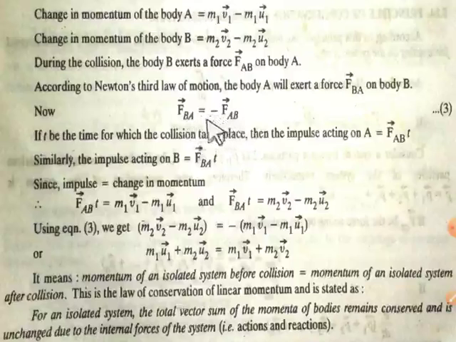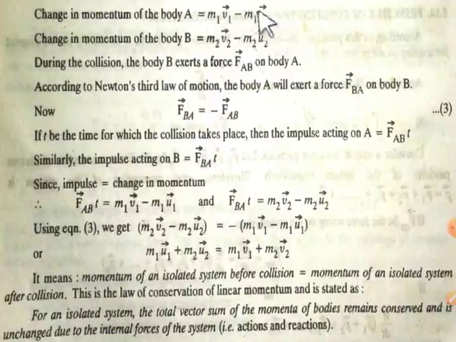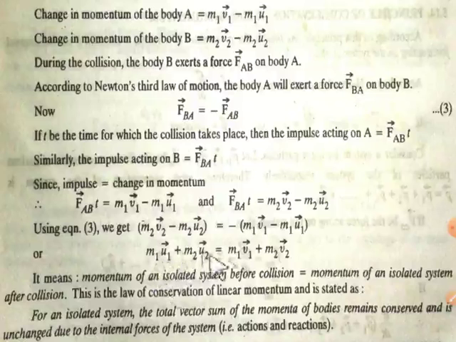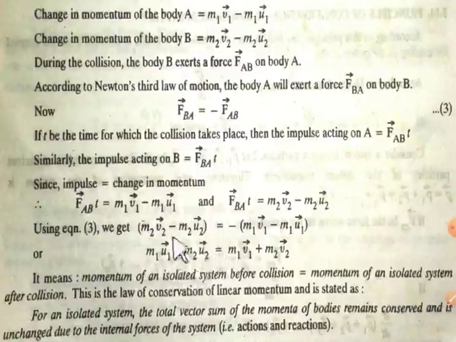So replacing FBA and FAB from here, and after transferring the initial momenta of the two bodies onto one side and the final momenta onto the other side, you will get this: the initial momentum of the first body before collision, and the initial momentum of the second body before collision.